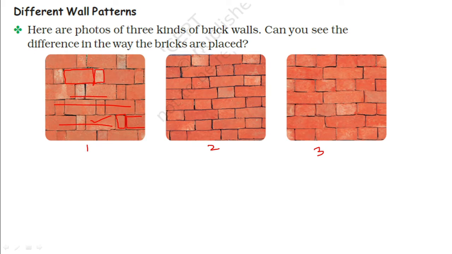In this, you will see one longer face, one smaller face, one longer face, one smaller face. In pattern 3, you will see one layer is with the longer face only, another layer is with the smaller face only. So alternatingly, longer face, smaller face, longer face, smaller face.